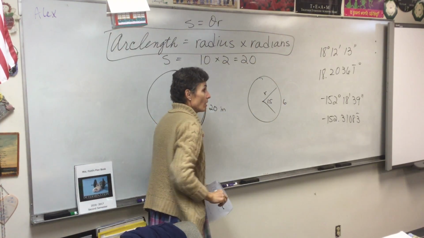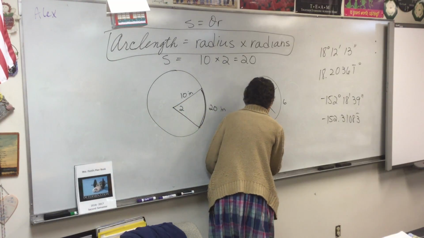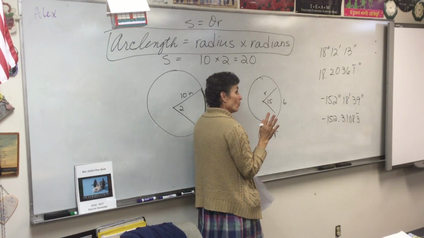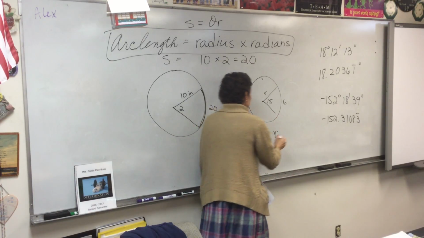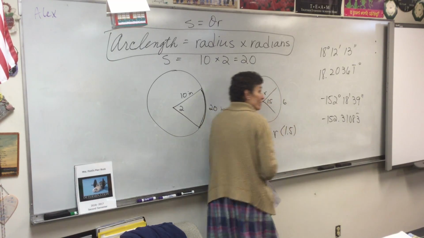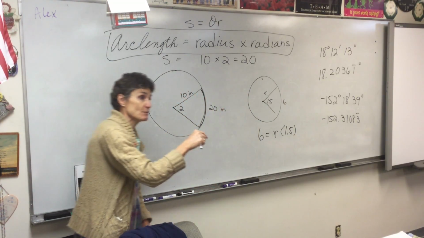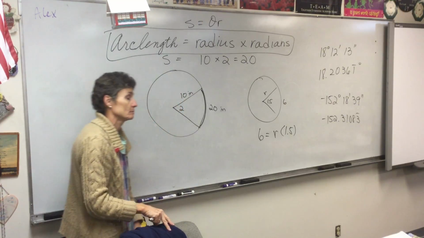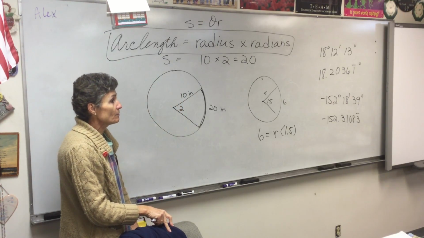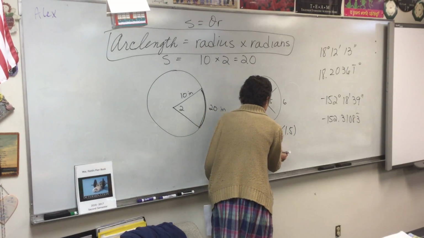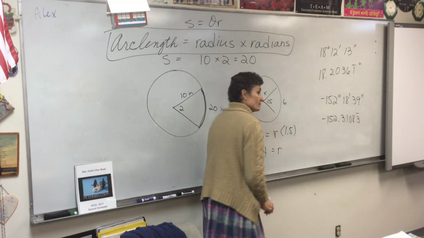Arc length equals radius, which I don't know, so let's put R, times radians, which is 1.5. Remember, radians are the central angle. So what do we do? Divide by 1.5. And the radius of that circle is 4.